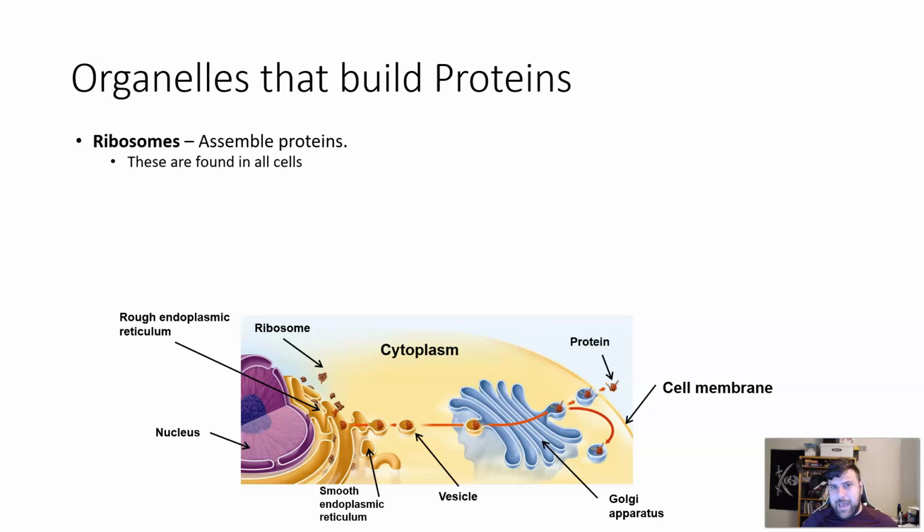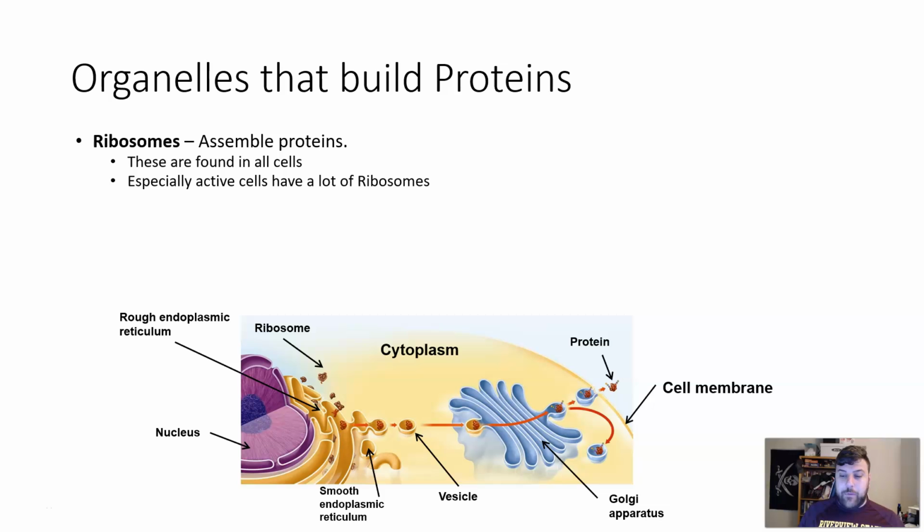These are actually not membrane-bound organelles. So these are something that is also found in bacteria. The job of a ribosome, as I said, was to actually build the protein that our cells and body needs. The more active the cell is, the more ribosomes that cell will have or need.